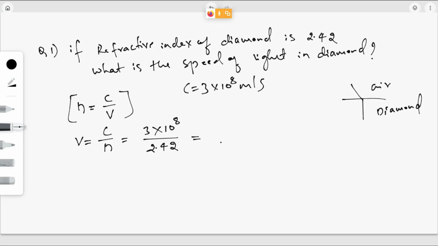Take calculation and find this. 3 divided by 2.42, how much will you get? Sir, 1.239. 1 point. Prajwal, 1 point.